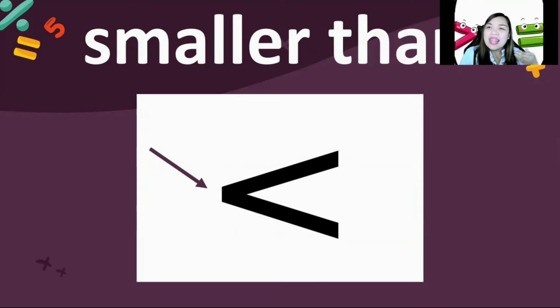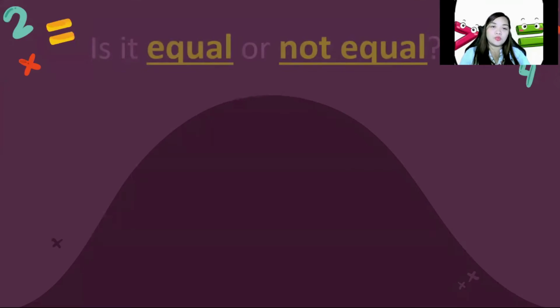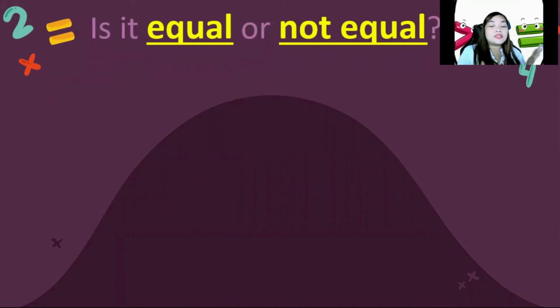Smaller than or less than, it's the same. Fewer, lesser, smaller. Next, we are going to talk about whether it's equal or not equal. Equal, the same. Not equal, not the same.